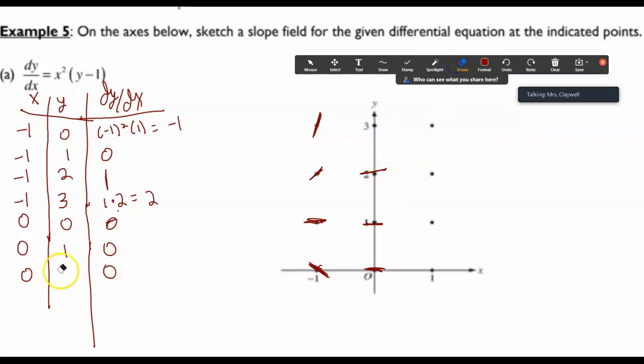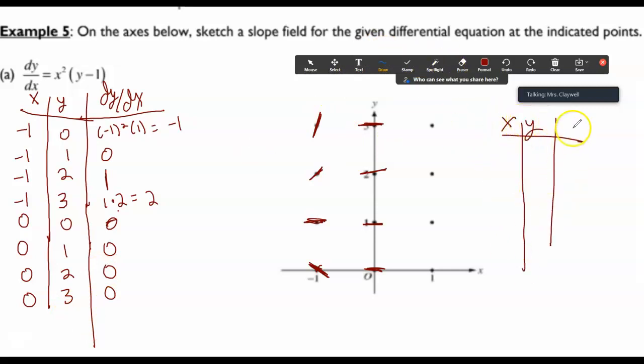Sorry, this should have been a 2. I'm going to do my last chunk over here because I'm running out of space. I encourage you to try this last row of 1 on your own.